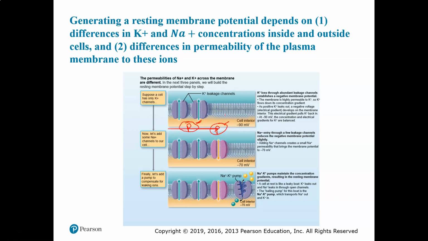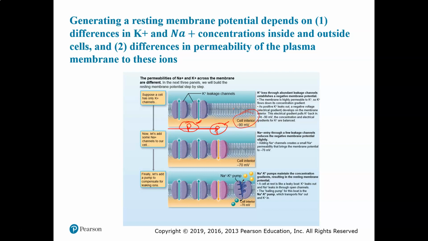There are none of those on the outside. They're all inside the cell and they can't get out. They're too large, okay? So these negatively charged proteins and just a few potassium leakage channels allowing some potassium out would keep the cell interior at -90.